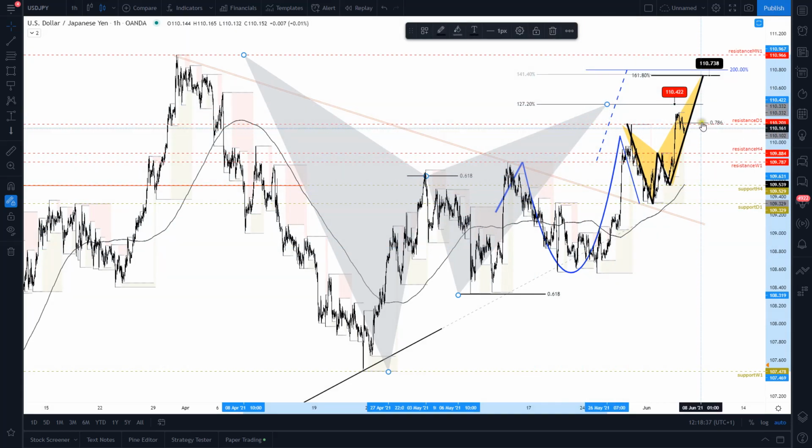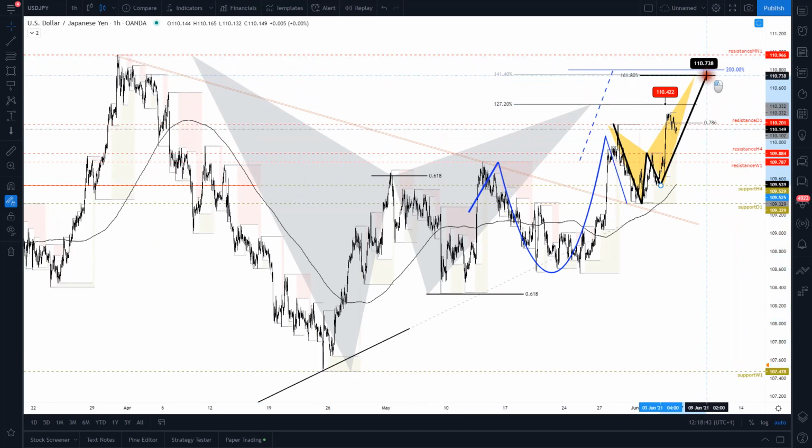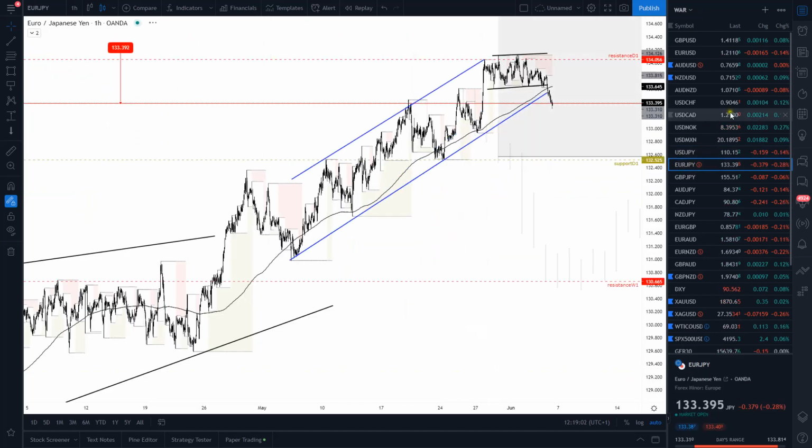So of course there's always room to target the previous highs. So that bearish crab pattern is synced with, or converging with, all other dollar related pairs. Well, let's see if the market is strong enough to target those levels again.